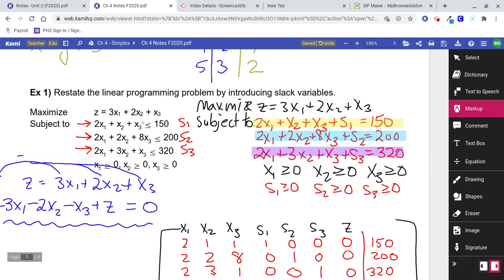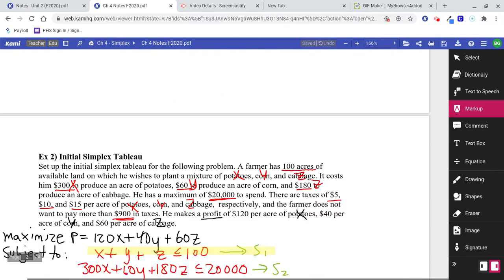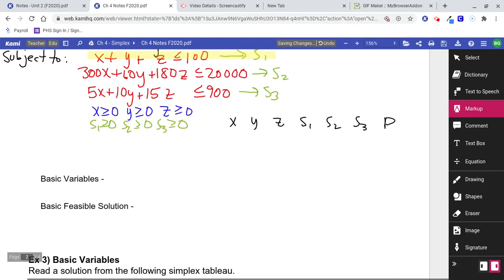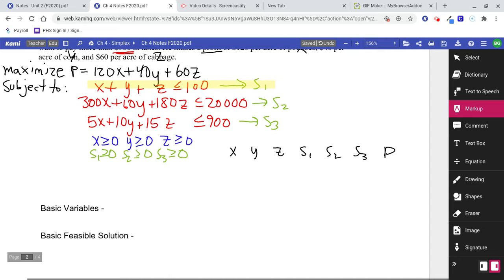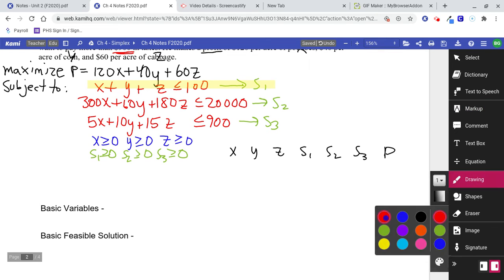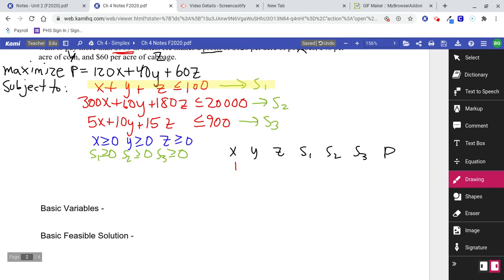You're going to have that S1 right there. Well, it's an inequality now, but it's going to be an equation as soon as I add the slack variable. You would see x plus y plus z, and then we install an S1 slack variable. We do not have S2 or S3 or P in that equation, and it equals, vertical bar, 100.